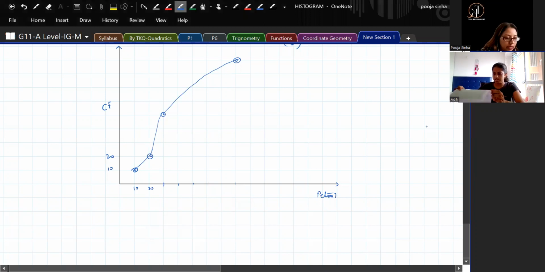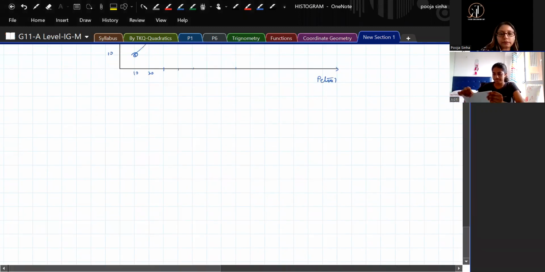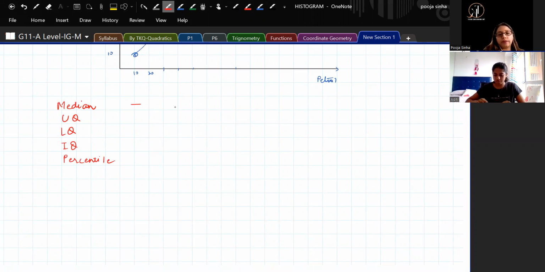After that, the question can be asked about the median, your upper quartile, your lower quartile, your interquartile, and then sometimes they ask you about the percentile.